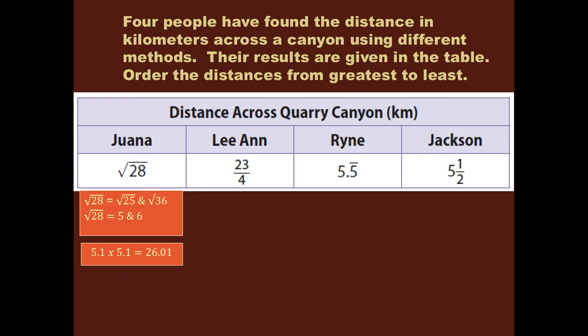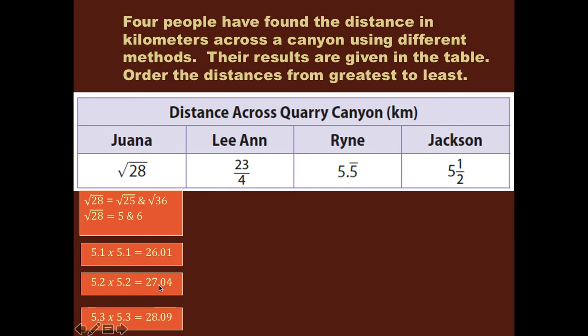Now the same way we are going to do this. Find the value of root 28. It's in between 25 and 36, which is 5 and 6. So let us multiply 5.1 by 5.1. We'll get 26.01. No, let us multiply 5.2 and 5.2. It's again getting 27.04. If we multiply 5.3 and 5.3, then we get approximately 28.09.